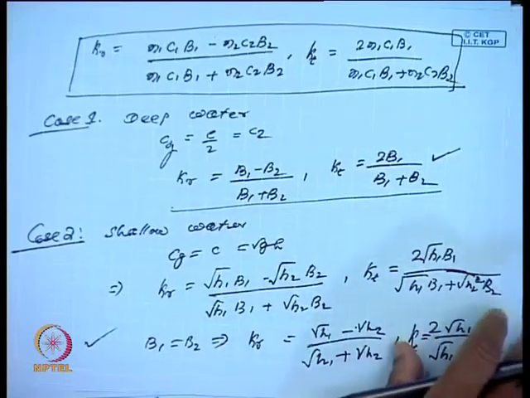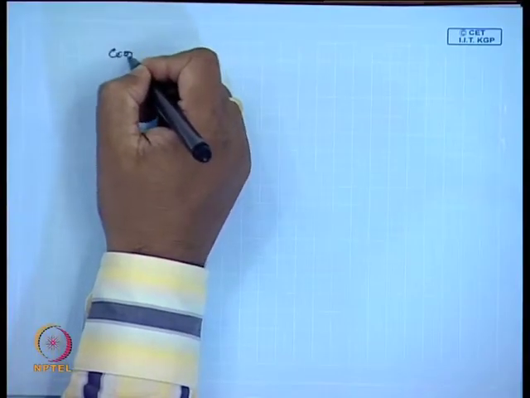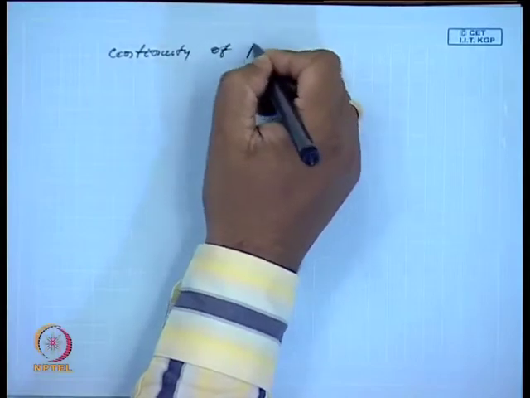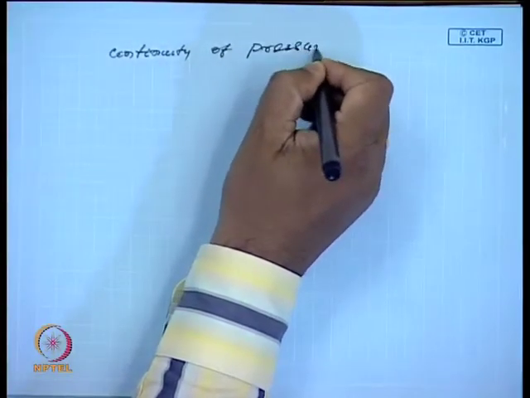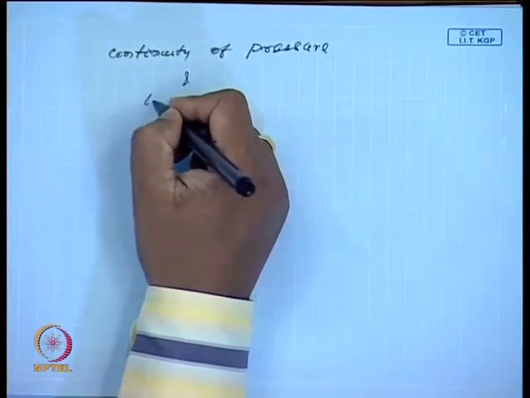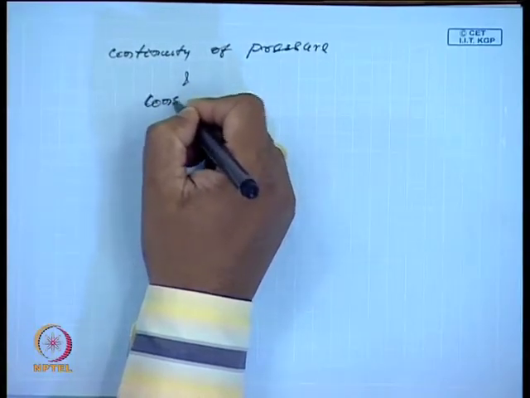Now, what we have done in this relation is that there is a change both in water depth as well as the width. Here we have used two things: one is the continuity of pressure, as well as the conservation of energy flux.